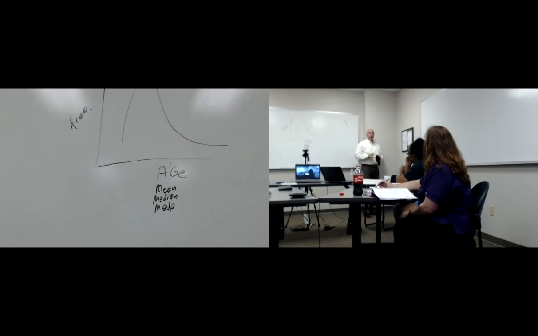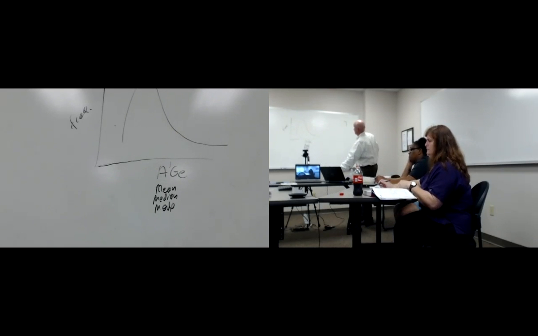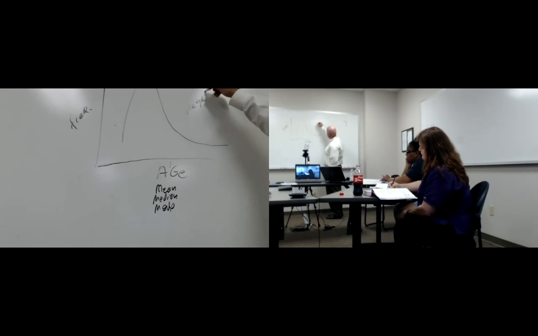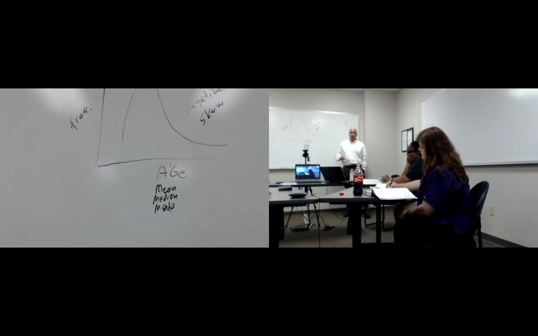What kind of distribution is this? Negative. It's a negative skew. What would cause this to be skewed? If any of the numbers don't match, it's going to adjust the curve.